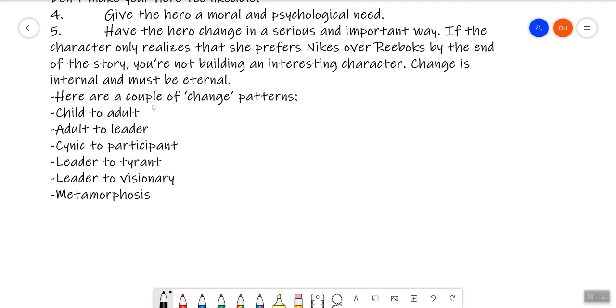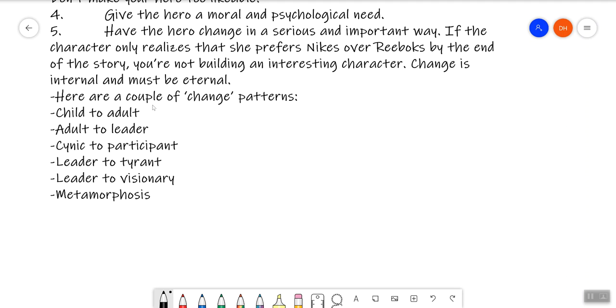In a short story, you don't really want to have more than one of these major changes. It's not going to be Jan goes from child to adult, adult to leader, cynic to participant. No, it's one of these. Just choose one for the story. So leader to tyrant's pretty obvious.